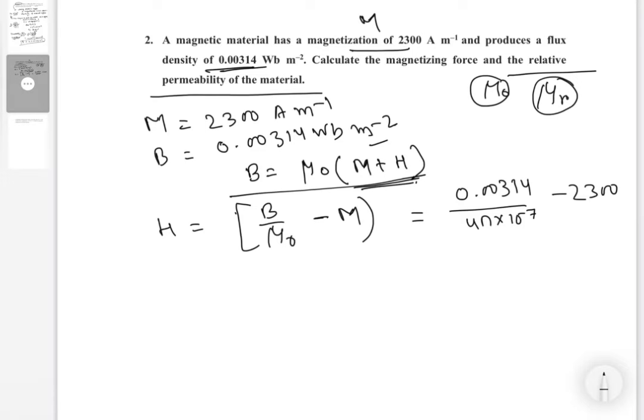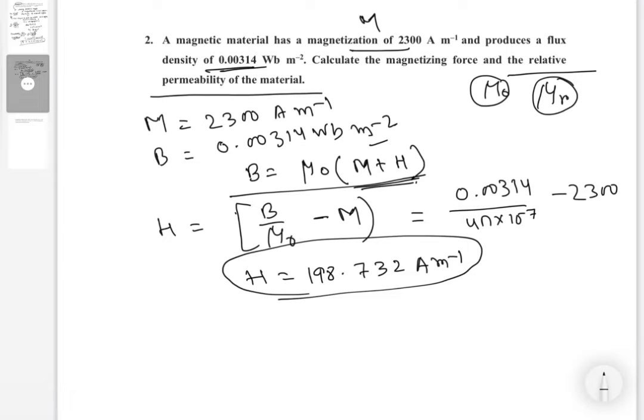From there we will get H equal to 198.732 ampere per meter. So this is the field strength.